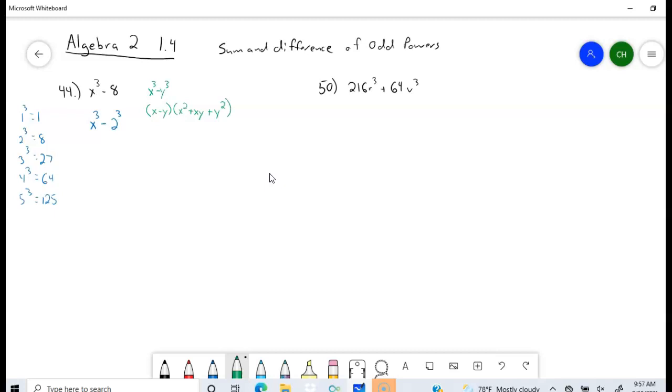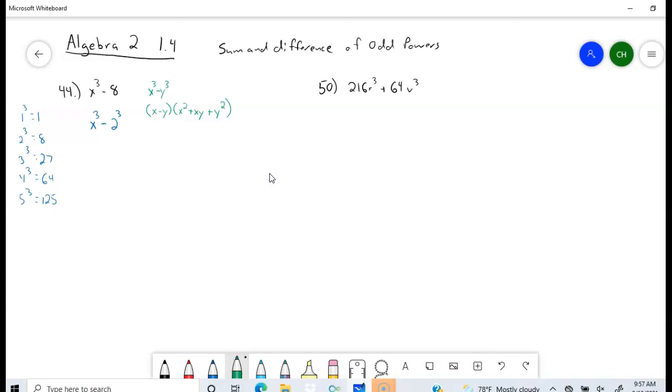Basically, it's the base of the first one minus the base of the second one, times the quantity of the base of the first one squared plus the base of the first one times the base of the second plus the base of the second squared.